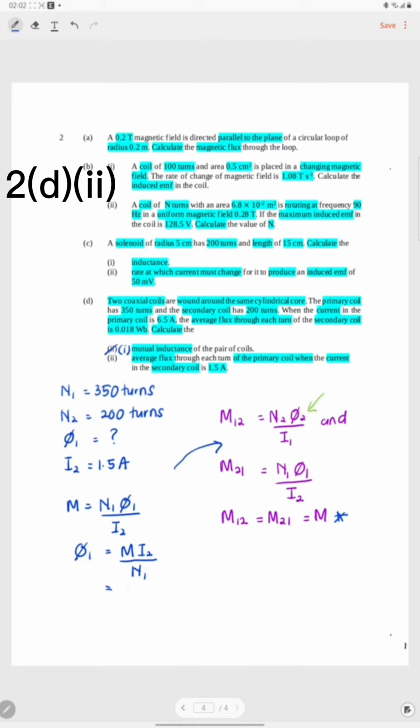So M just now we got 0.55 Henry. Current I2 is 1.5. The number of turns N1 is 350. So the magnetic flux in the first coil is 2.36 times 10 to the power of -3 Weber. That's all from us. All the best for your final PSPM.